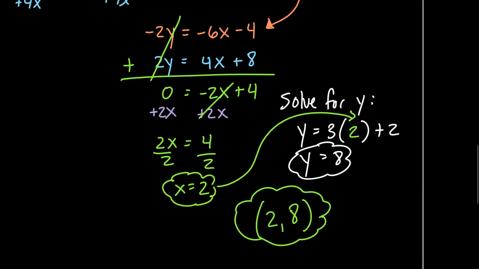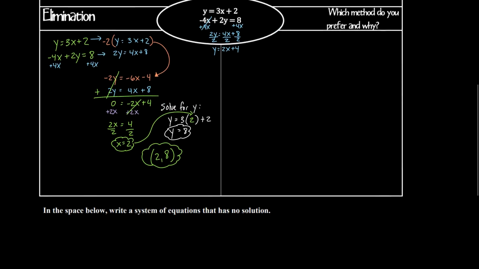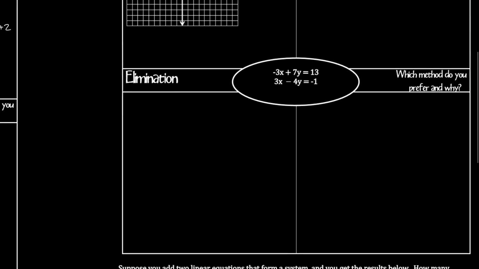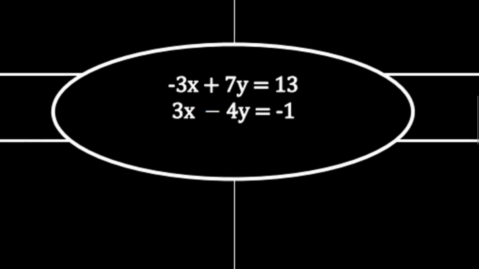So clearly on this problem, elimination probably wasn't the way to go, just because they weren't already lined up. But if you take a look on the back, look at these two equations. What do you notice immediately? Oh my gosh. And they already do what? They already eliminate. Boom, it's already set up.